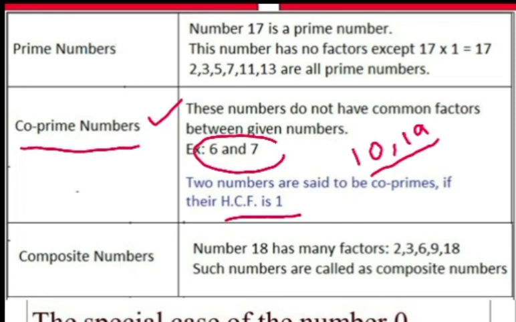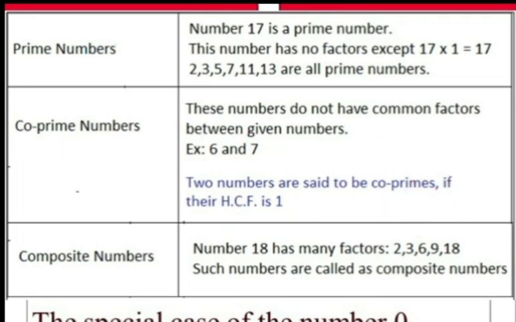And we can consider another example, 25 and 37. 25 and 37 are coprimes. So, students must understand about coprimes, prime numbers and composite numbers.